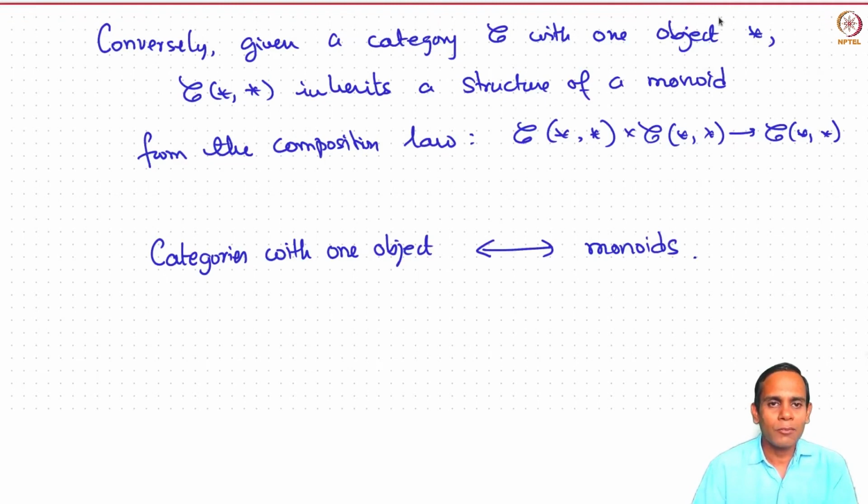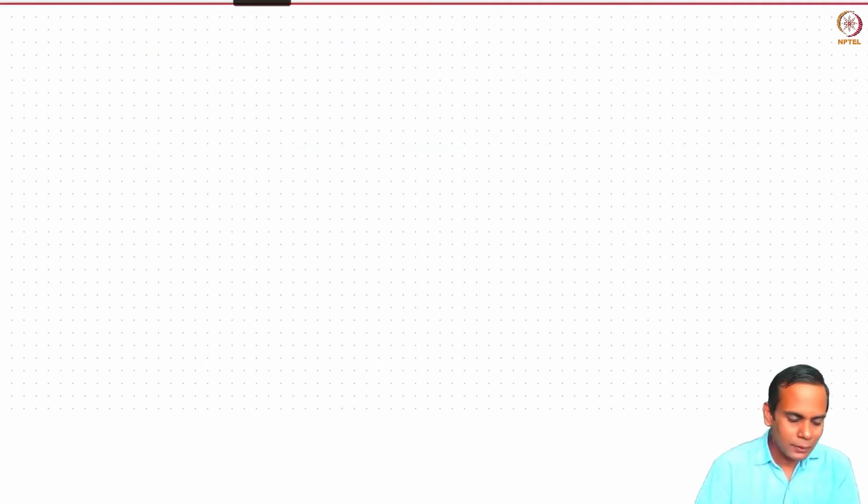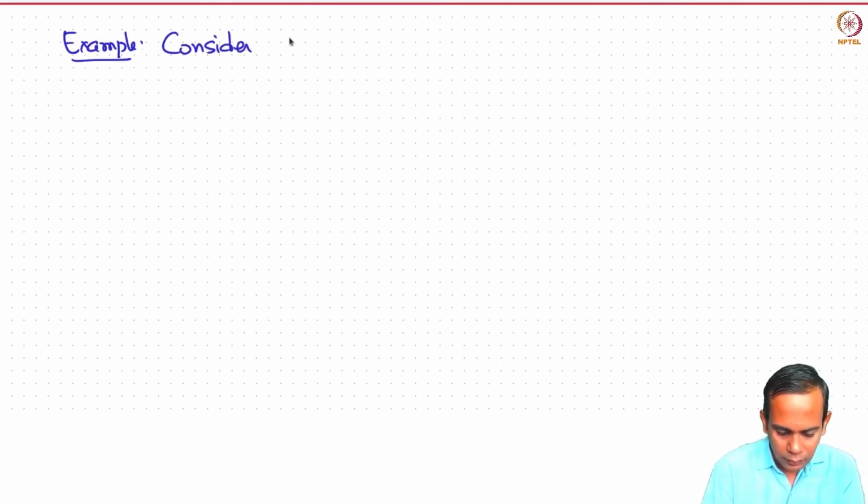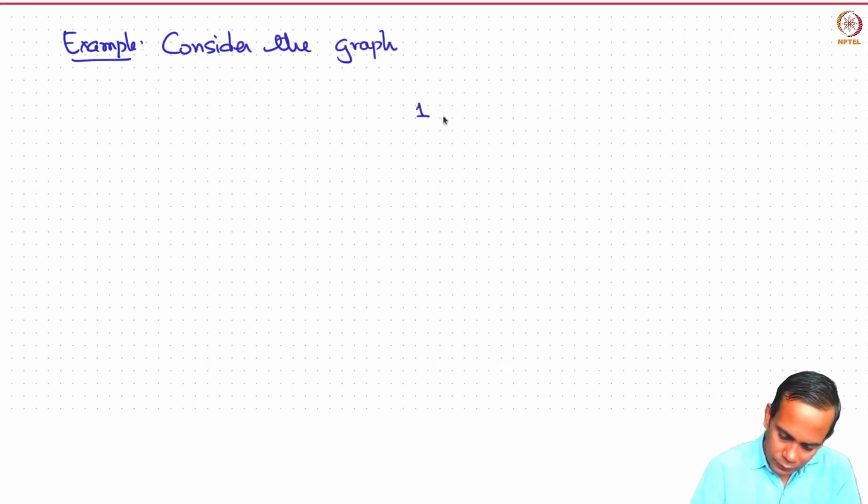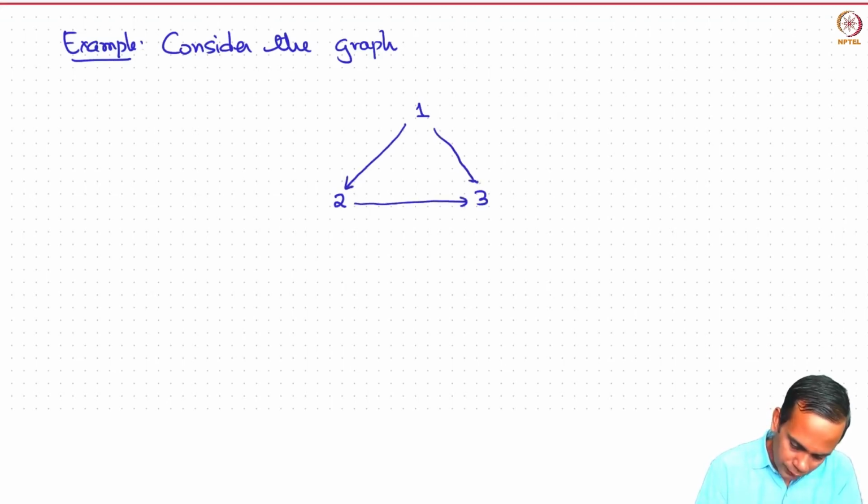Now let's look at a somewhat synthetic appearing example. So consider the directed graph, this sort of a visualization of a category. This graph has three vertices, 1, 2 and 3, and we have an arrow from 1 to 2, an arrow from 2 to 3, and an arrow from 1 to 3.